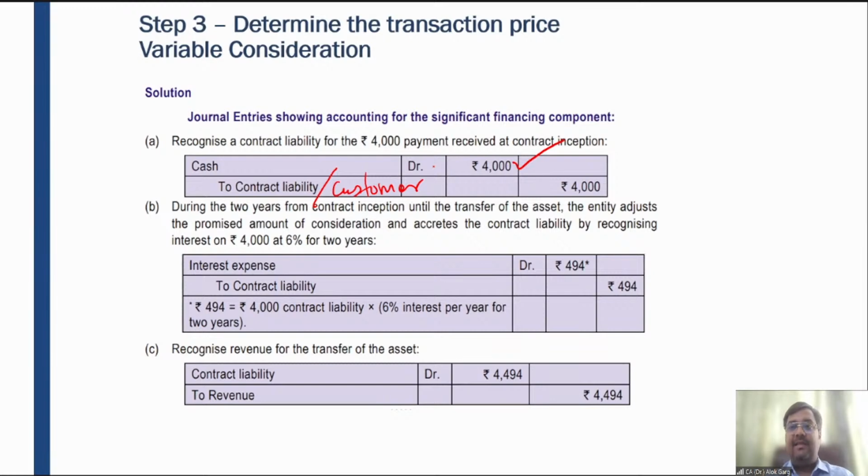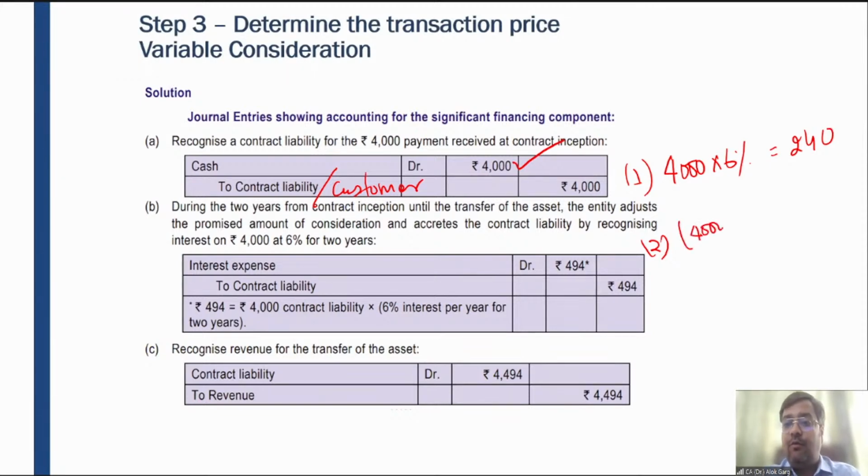So in this case, how will we calculate the interest? 4,000 is the inception amount. For the first year, 4,000 multiplied by 6% is your interest, which is 240. In the second year, again, we need to compute interest on 4,000 plus 240, because of course we are not settling to the customer, we are giving the goods and services at the end of the second year, right?